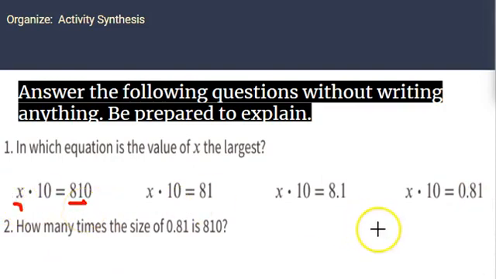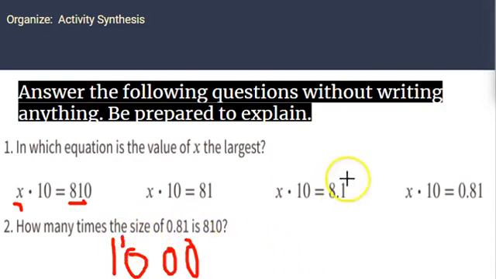They all use the same digits, but the value of each is different. How many times is the size of 81 hundredths is 810? So comparing that 81 hundredths all the way to the 810. It's 1,000 times different, right?